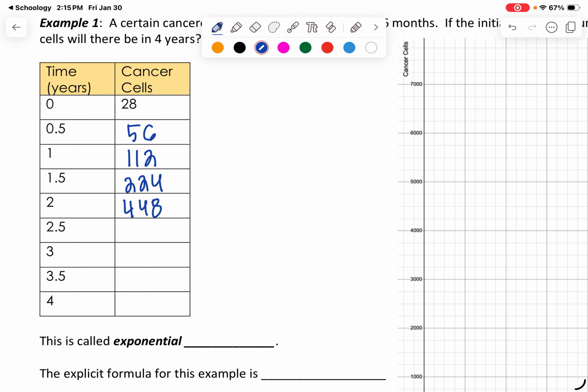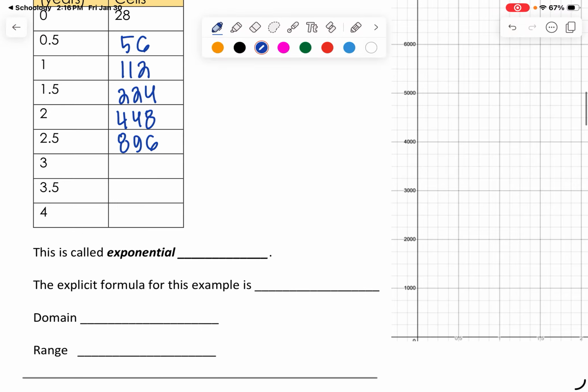Another 6 months, 896. Another 6 months, 1792. Another 6 months, 3584. And then another 6 months, after the 4 years, we're at 7,168 cells.